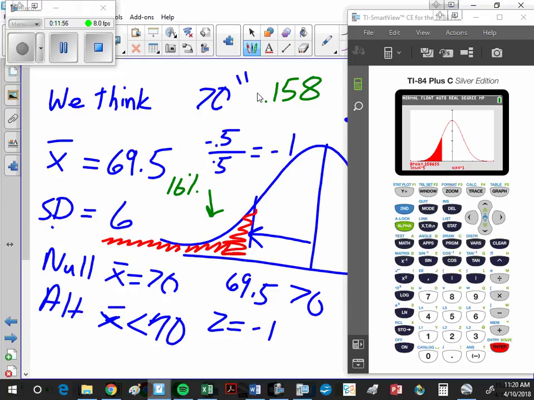Right. So if you accept the alternative, you would say it is significantly less than 70. So if you wanted to do highly significant, you would rework this and do 1% instead of 5. Yep.